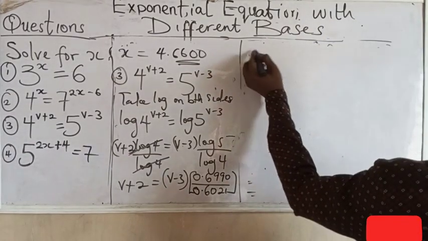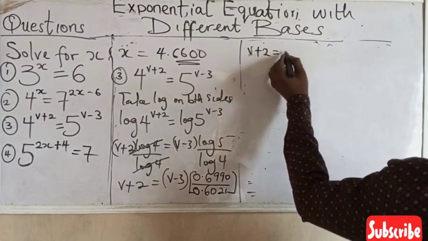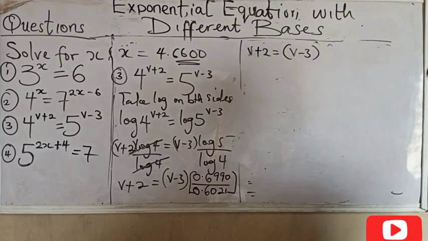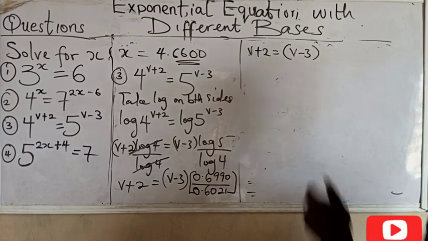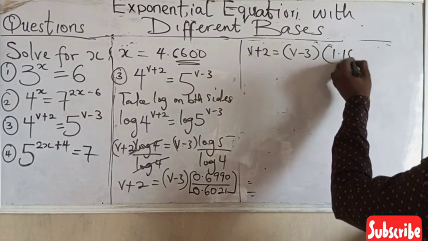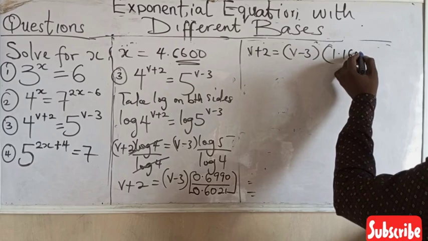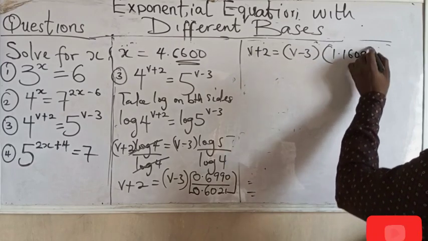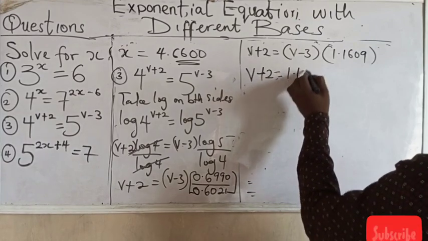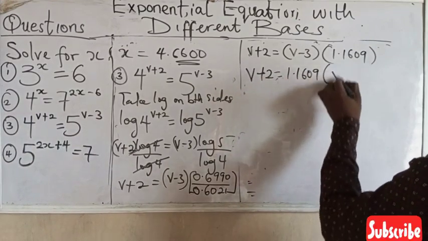So we have v plus 2 equals v minus 3. So let's do a quick division. 0.6990 divided by 0.6021. And what do we have? We have 1.1609. So we say v plus 2 equals 1.1609 into bracket v minus 3.